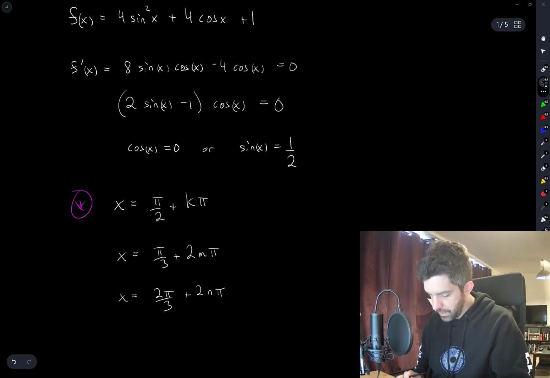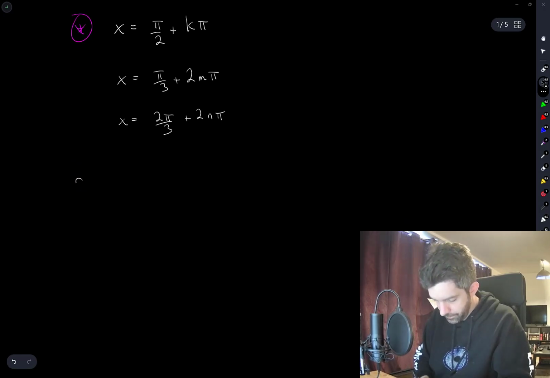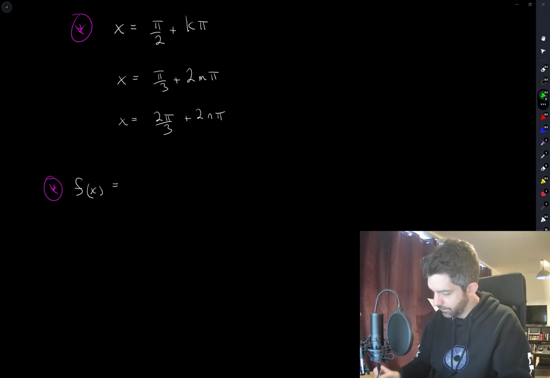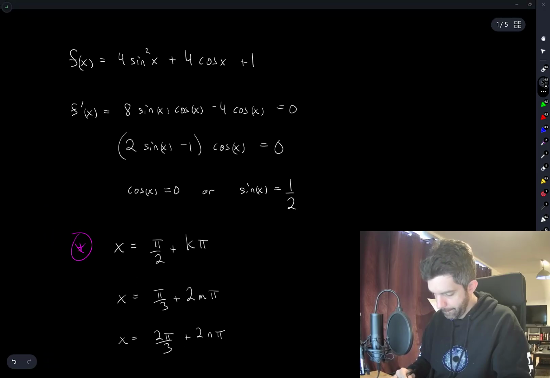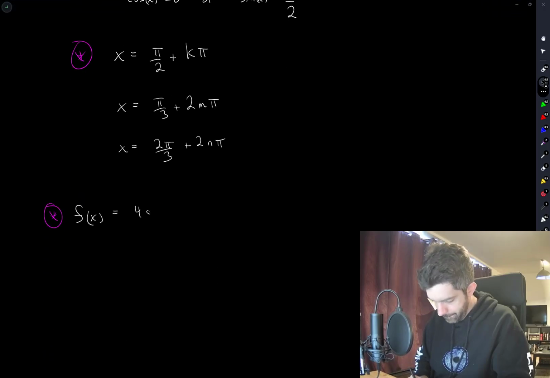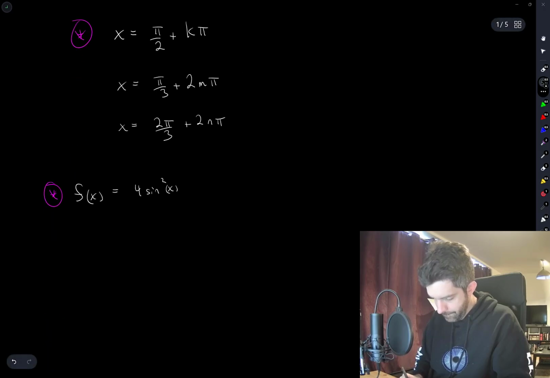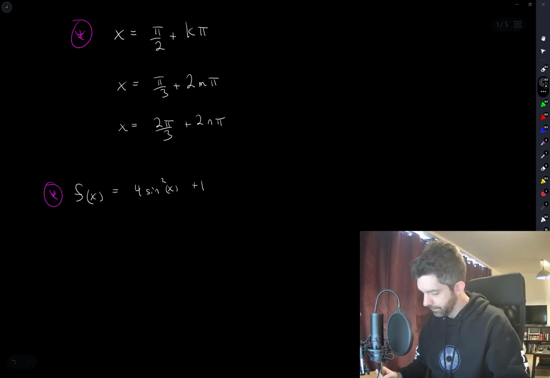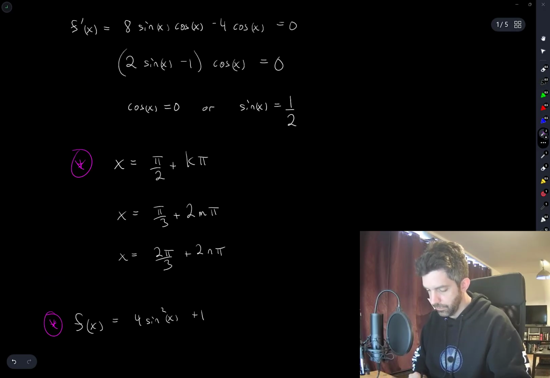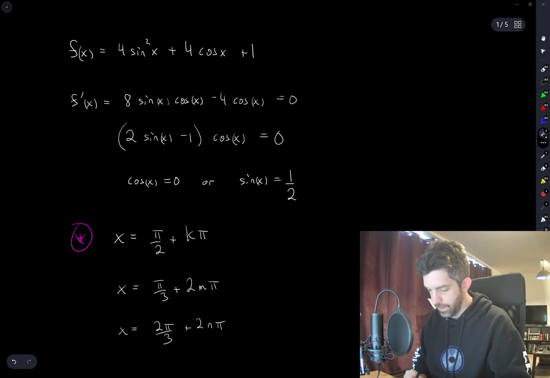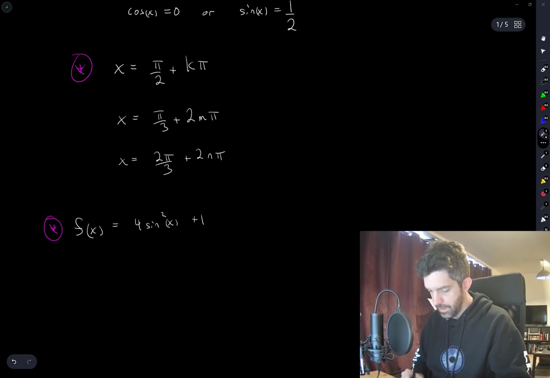When x is equal to pi over 2 plus k pi, we know that cosine x is 0, so when I substitute x in there, that term goes away. At these values of x, what is sine x?